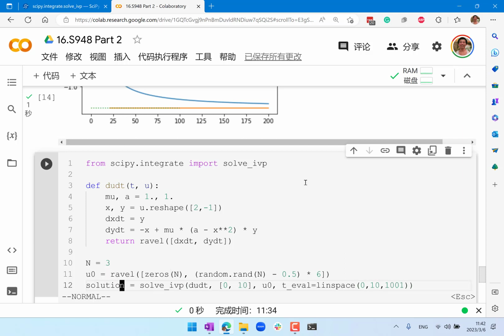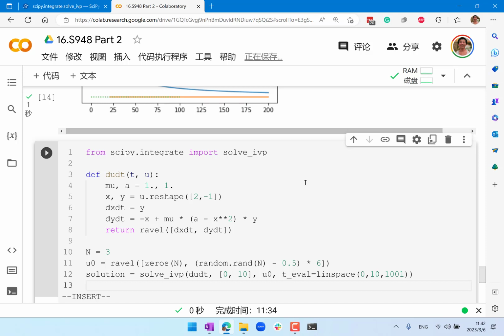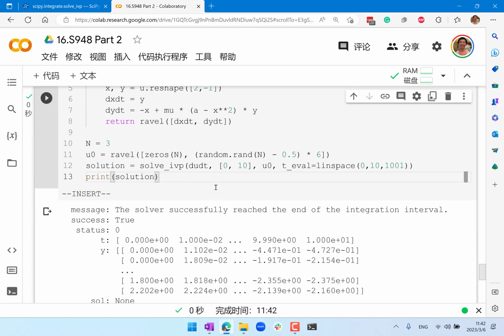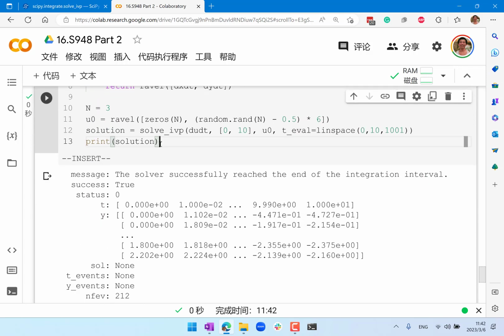The solution is going to be a structure that contains multiple things. U would be equal to solution.y, I think. Let me actually print the solution. Yes, solution.y is the solution.